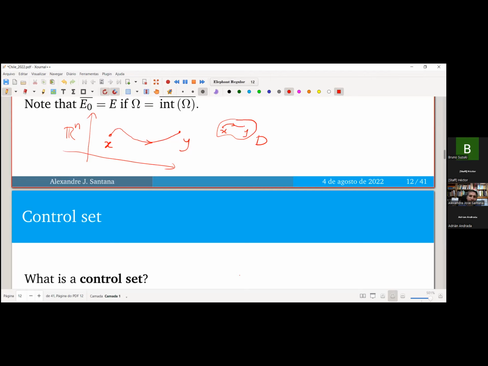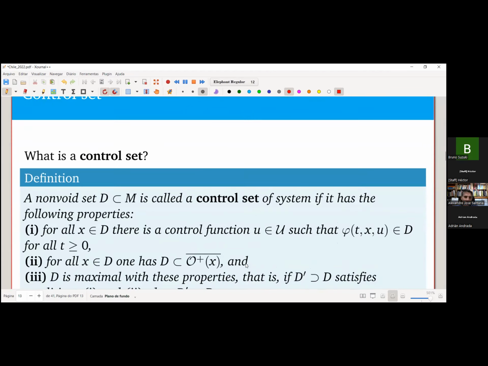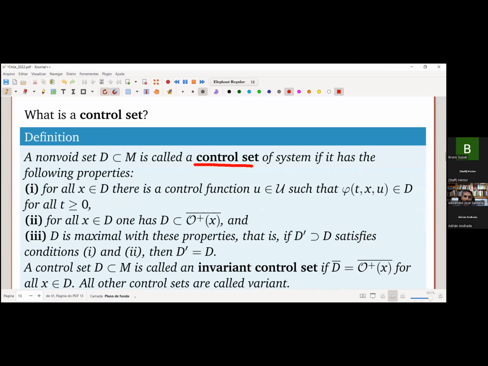we have, in this case, the concept of control set. More specifically, the control set is a subset D of the state space such that for all elements x of this subset, there is a control function u such that the solution from x evaluated in u will be in D for all positive t.